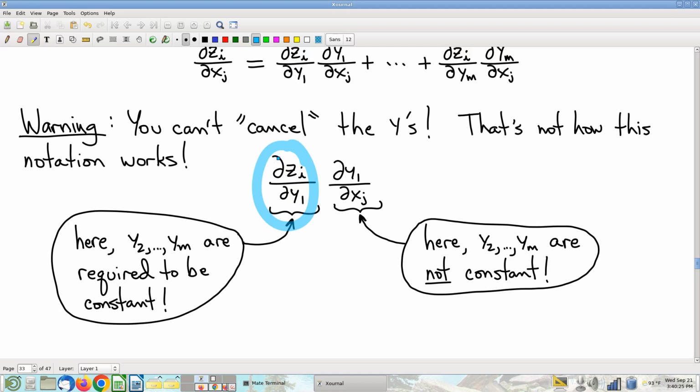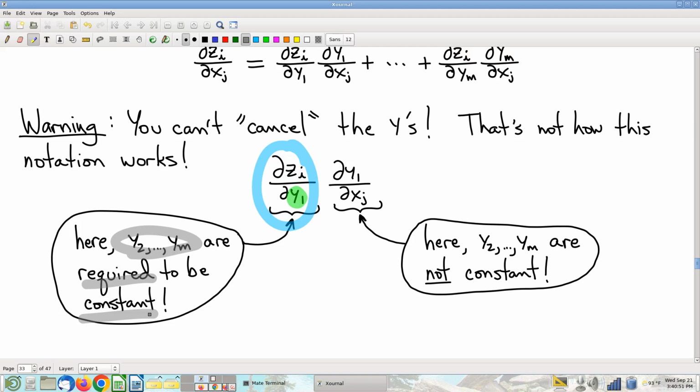In this scenario, we are viewing zi as a function of various y variables, and we're going to view y1 as being a variable, but then we're going to set all the other y variables to be constant, because that's how you do partial derivatives. So we set up this scenario where a bunch of variables are constant, one variable is a variable, and then given that scenario, we look and see how much zi changes.